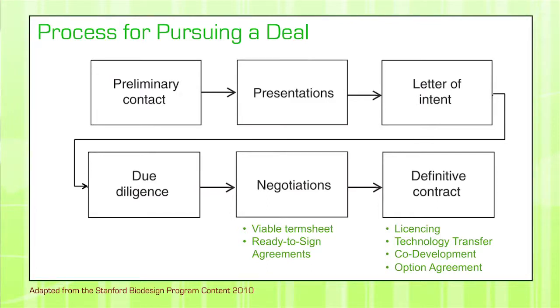And after that, start with a letter of intent. A letter of intent is a non-binding agreement for both companies, or the inventor and a company, to try to pursue some sort of deal eventually. Again, it's non-binding, and it only gives a precedent that both parties want to collaborate. It is important for you to set the stage for due diligence and eventually for a deal to be executed.